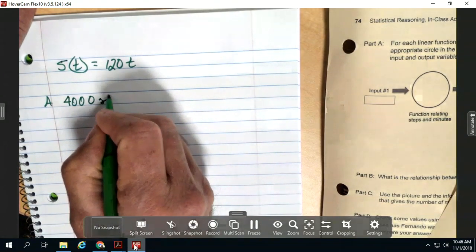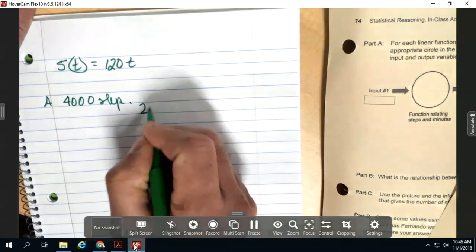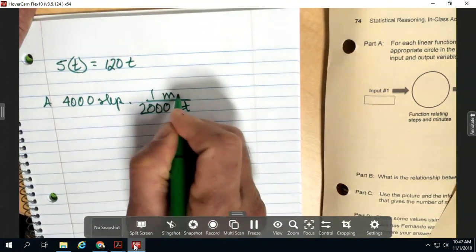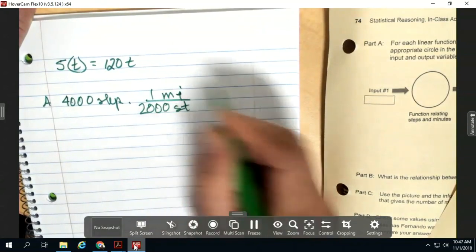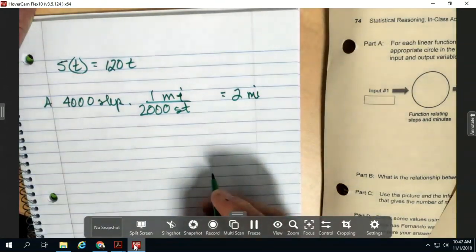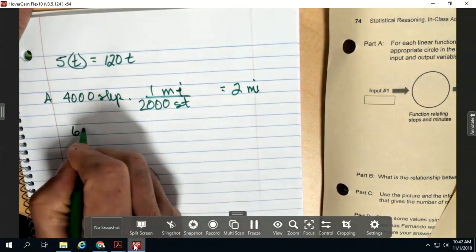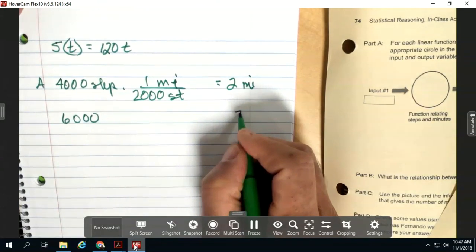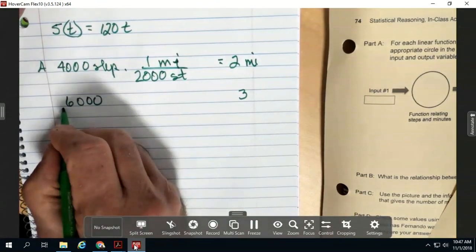Well, 4,000 steps times 1 mile per 2,000 steps. He goes 2 miles. 6,000, how far would he go? 10,000.